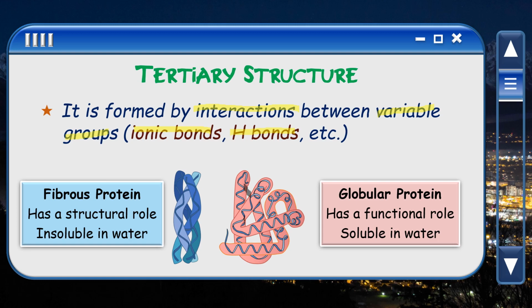This one may interact with the other one here. This one may interact with this one. This one may interact with the other one. So that's why we are saying that it is formed by interaction between variable groups. There are very many variable groups which are interacting with each other. They can be ionic bonds, they can form hydrogen bonds, and very many others.